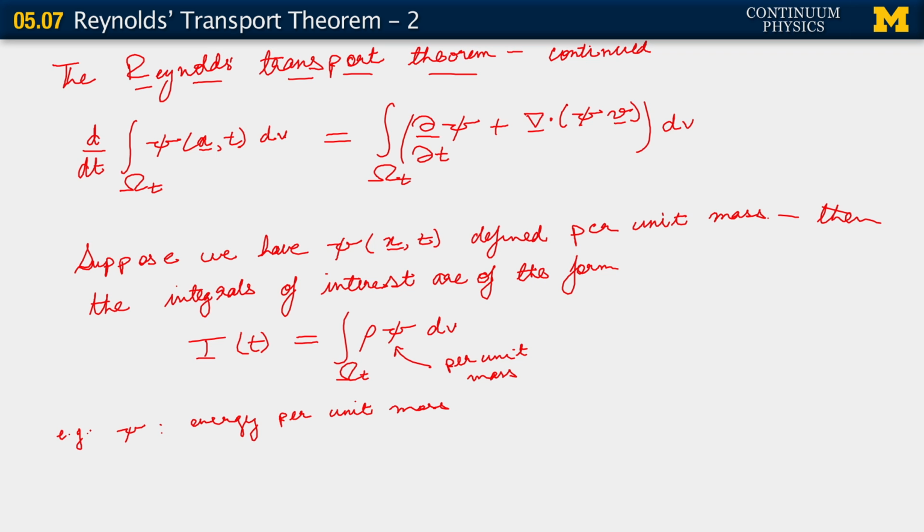How could psi be an energy per unit mass? Well, we have the velocity. We could take the velocity and construct the Euclidean norm squared of the velocity, maybe one half of this. And this is in fact the kinetic energy per unit mass.